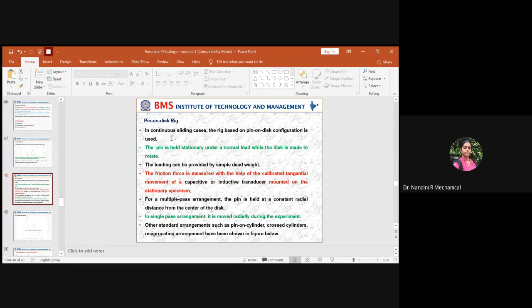Now you have to study what happens here exactly. If you need a continuous sliding case, where the specimen has to be slid continuously, then it is feasible to go for the pin on disc rig method. In the pin on disc configuration, the pin will always be held stationary, and you subject it to a normal load.